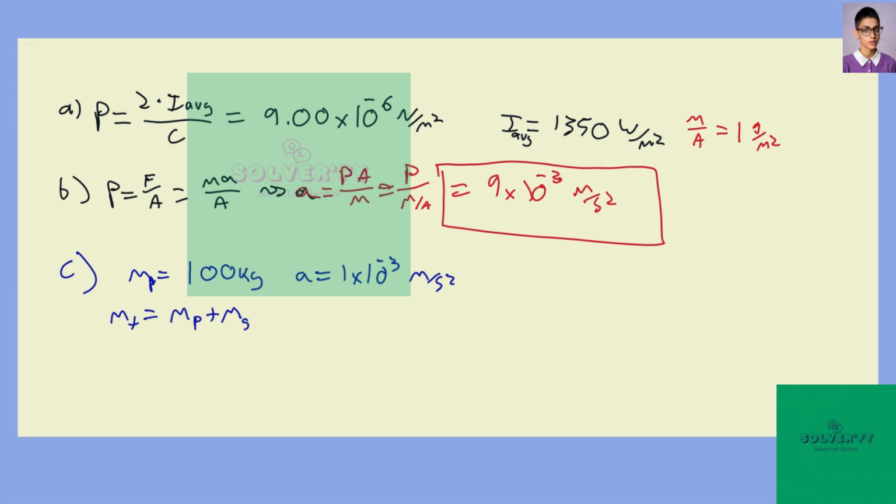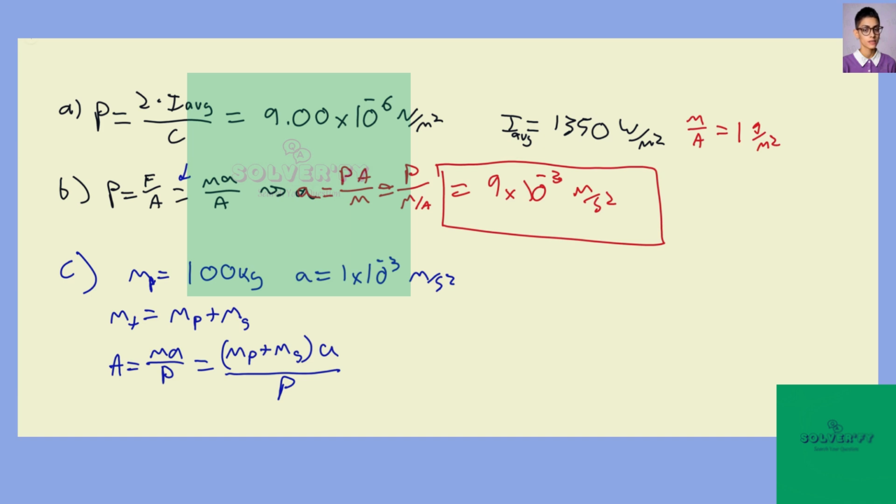And if we go to our equation that we have here, we basically want to rearrange to get area, which is just MA over P. But again, that is M payload plus M sail over the pressure.